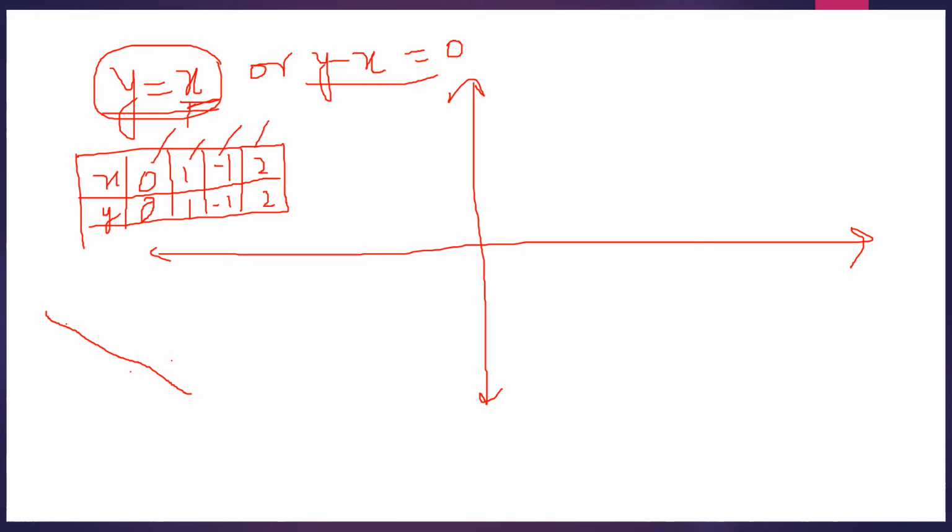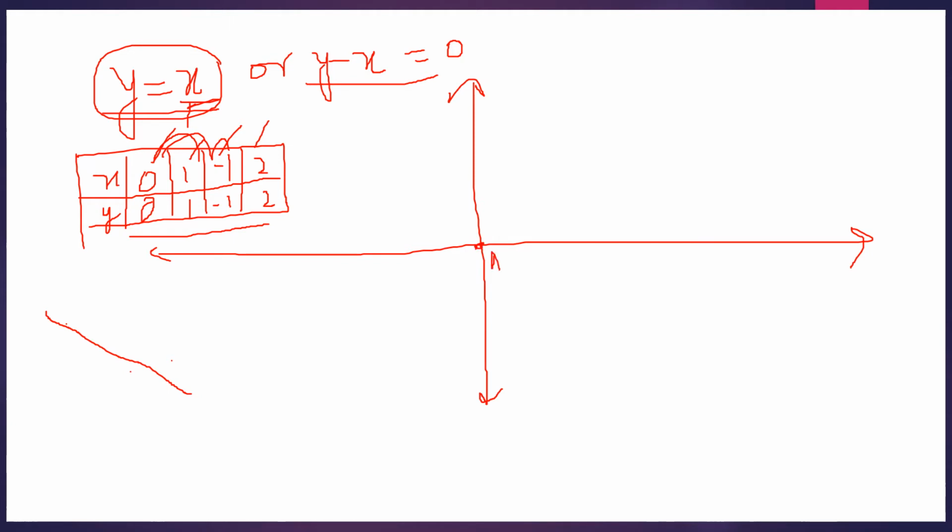We know a line is made up of an infinite number of points, and we have found only 4 points. If we want, we can find infinite points, but minimum 2 are required to draw a line, and the safest is to find at least 3 points. So let's see. The first point on the line is 0 comma 0, that is here.